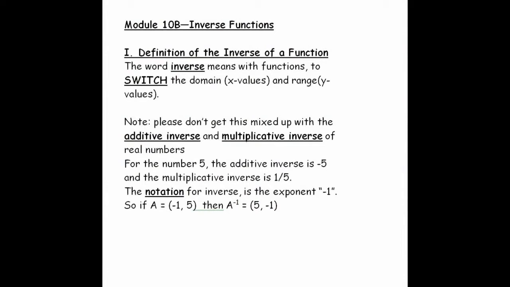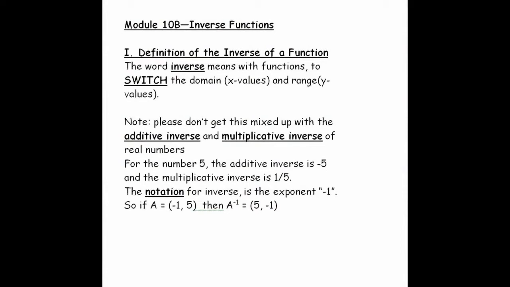So if you look here at my example, I have a point. A is (-1, 5). It has an x value, it has a y value. If I want the inverse of A, which is written A to the -1, that means in words the inverse of A. That little -1 exponent means the word inverse. When I see that, it's telling me switch the x and y value.